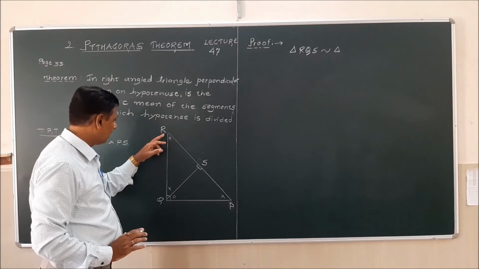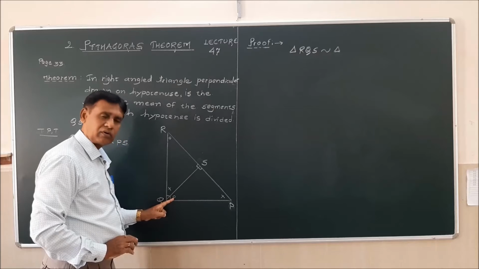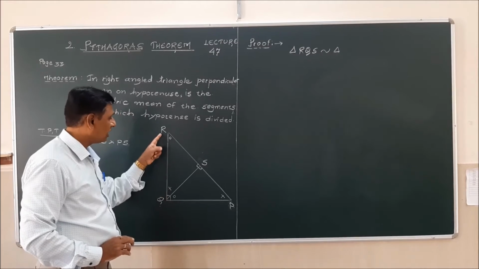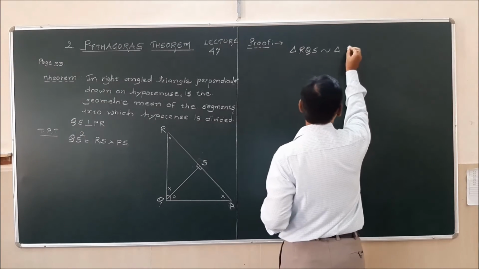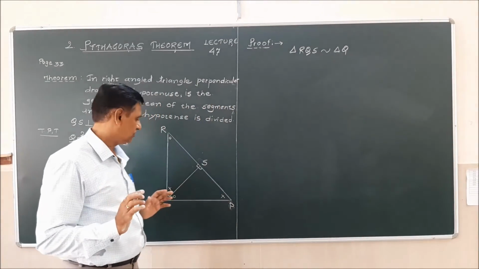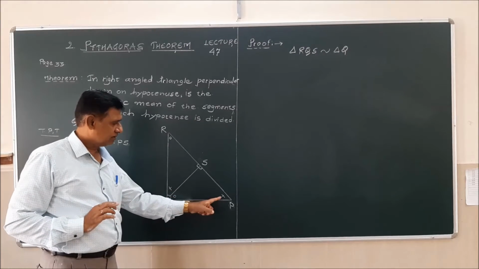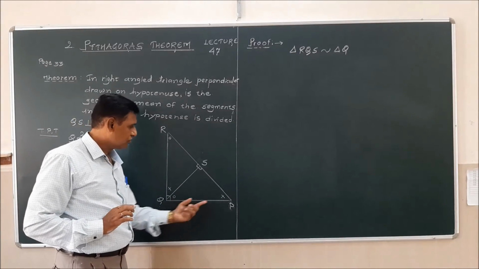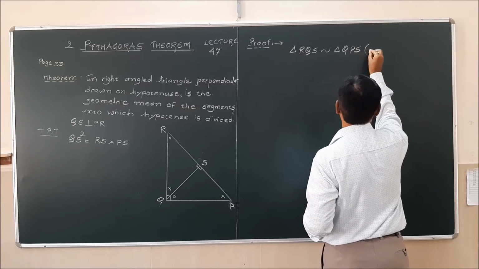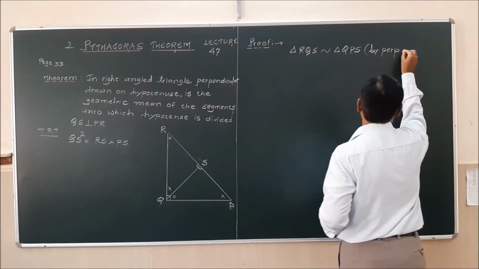So if I write the name as RQS, this angle is congruent with this angle. And this triangle's name should begin with Q, because R and Q should come at the same position. We have to maintain the sequence of one-one correspondence. So cross is there, here also there is a cross. So triangle QPS, by perpendicular on hypotenuse.